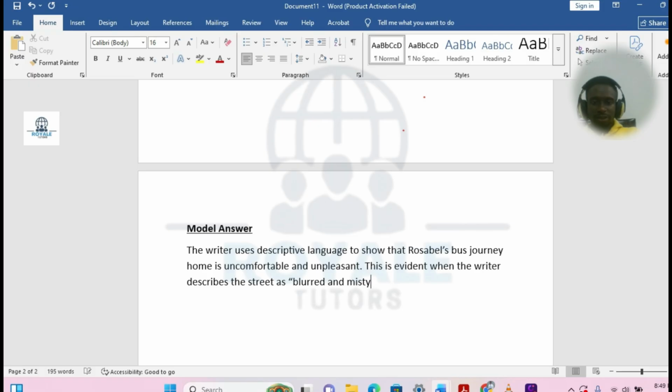That's not the only thing, so we have to close the quote and say, and the smell on the bus as a sickening smell of warm humanity.